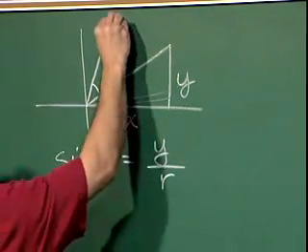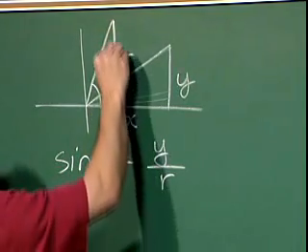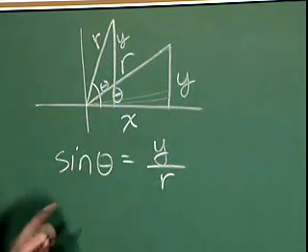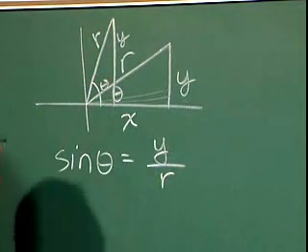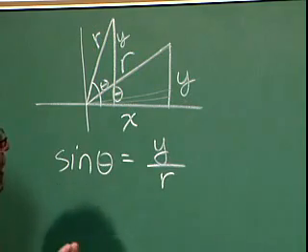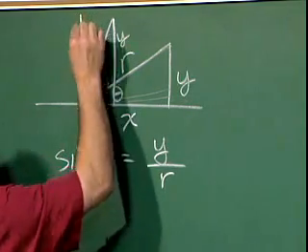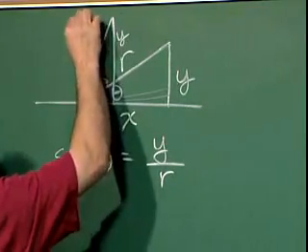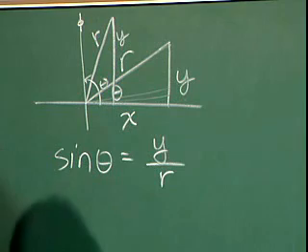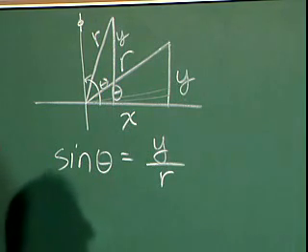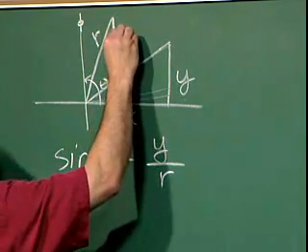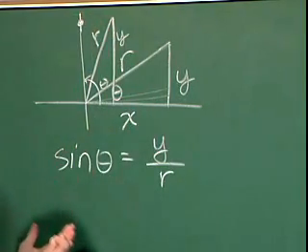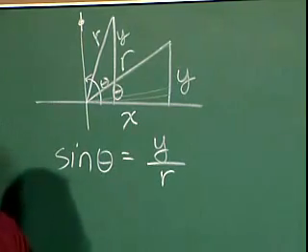Well, what you'll see is that the value of y is getting closer and closer to the value of r. And in fact, when we get to an angle of 90 degrees, although we can't draw a triangle, you can at least imagine for the moment that the value of y actually equals r. And that's what happens. So again, we won't get a triangle there, but the ratio will be 1.